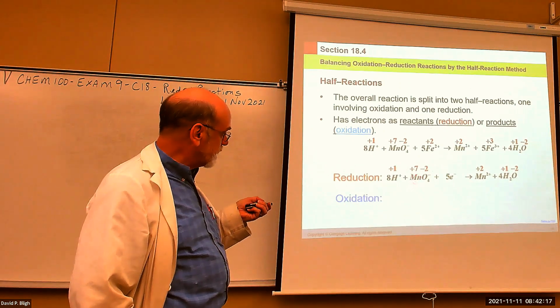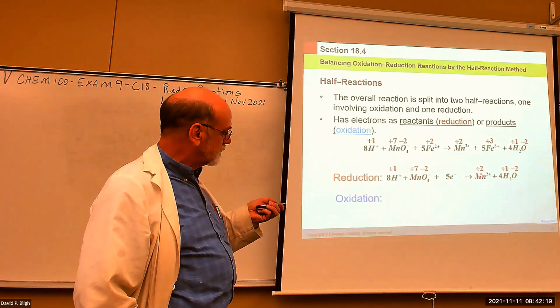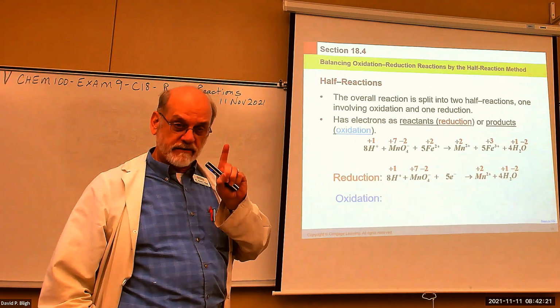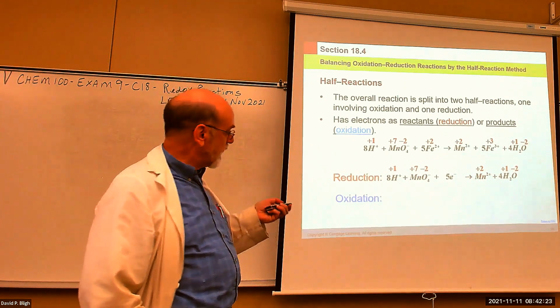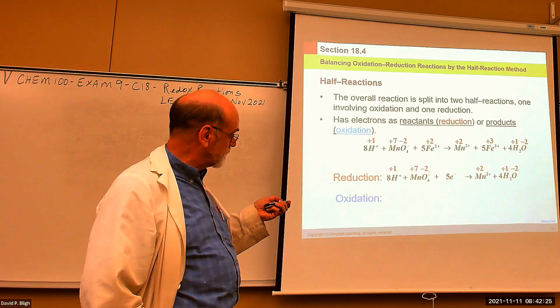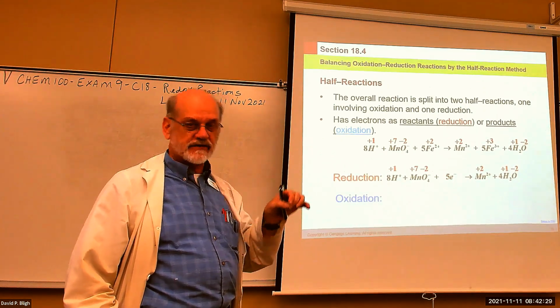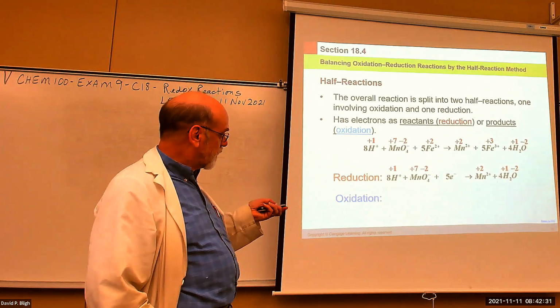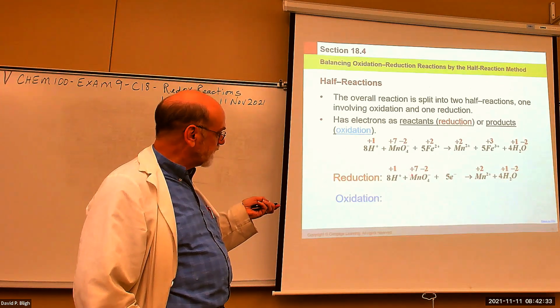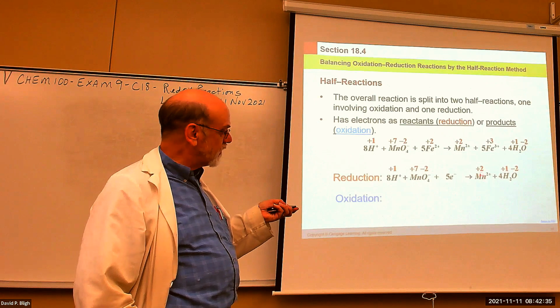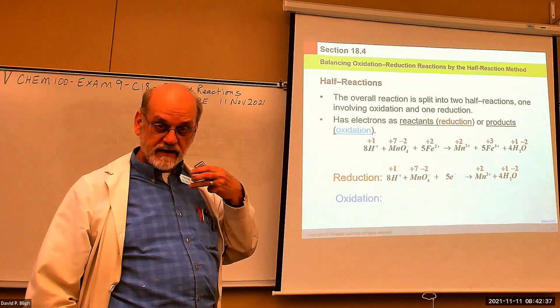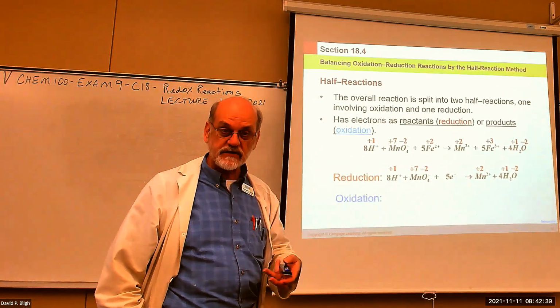So if manganese goes from +7 to +2, and there's only one of them, then we had to gain 5 electrons. So the 5 electrons would be on the reactant side, because they were absorbed into this manganese, and now the manganese has a reduced oxidation state.